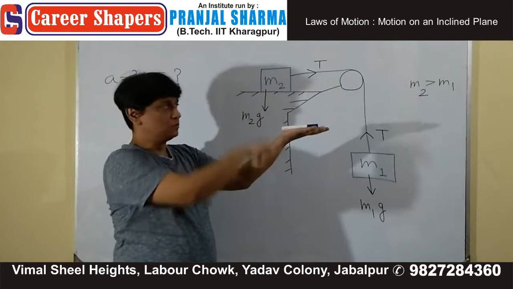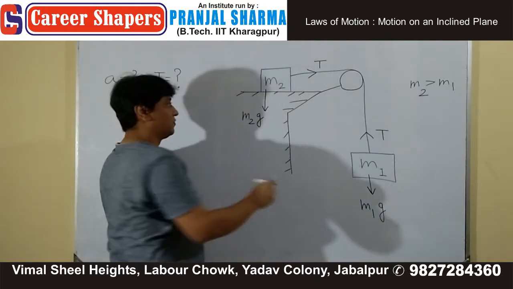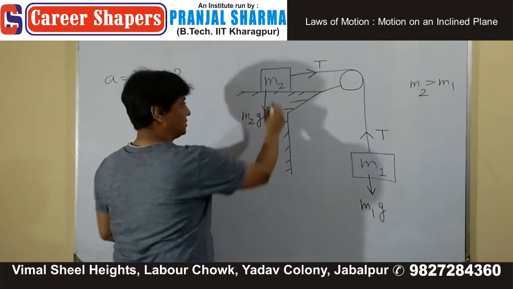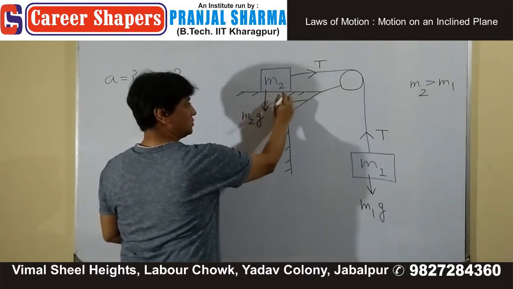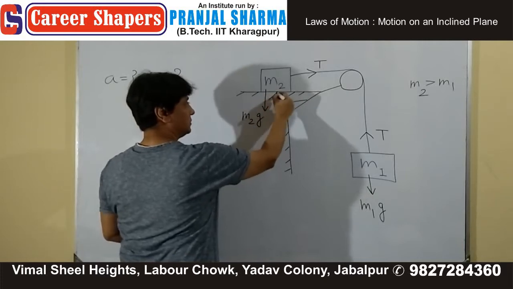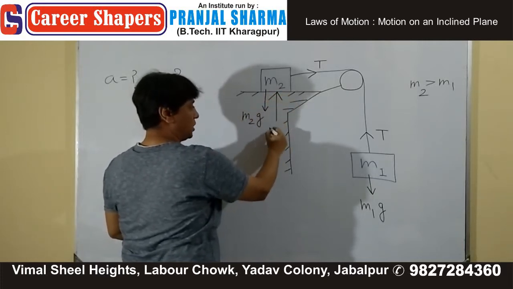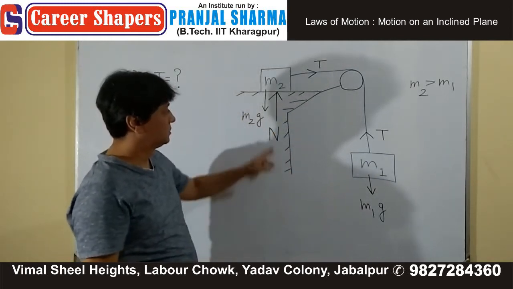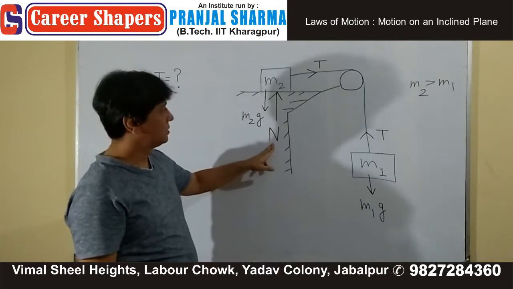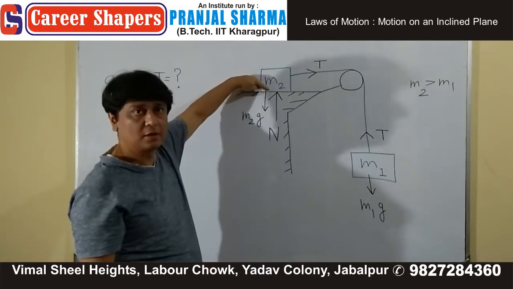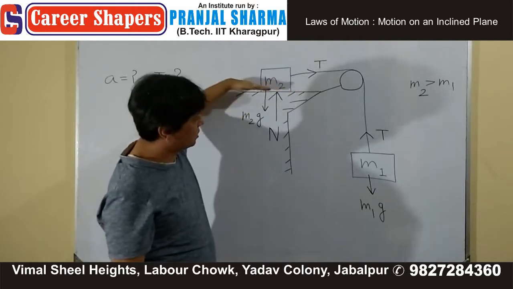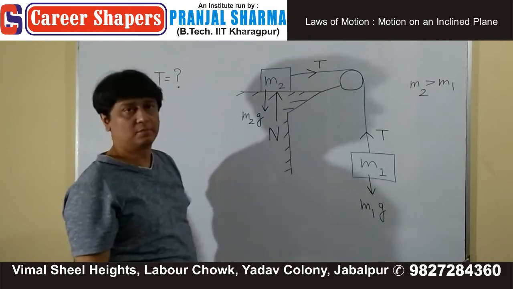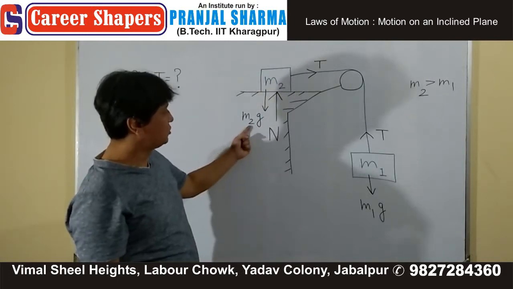If it is not coming down, then M2g is being balanced by a force which you all know is called N, normal reaction force. N is acting over here perpendicular to the contact surface and towards the body. This is your N. This is M2g.